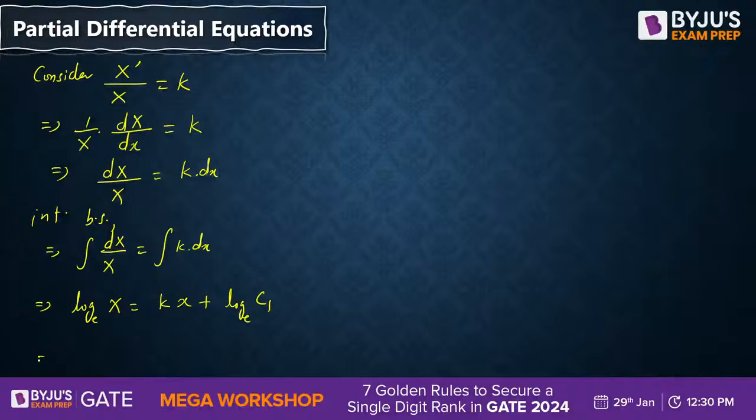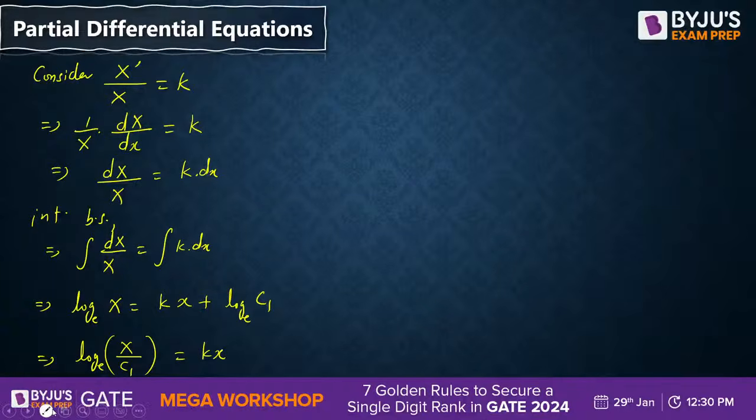Now what happens students, log terms are accumulated together on the left hand side. Log X minus log c1 will be log X by c1 and right hand side is kx.